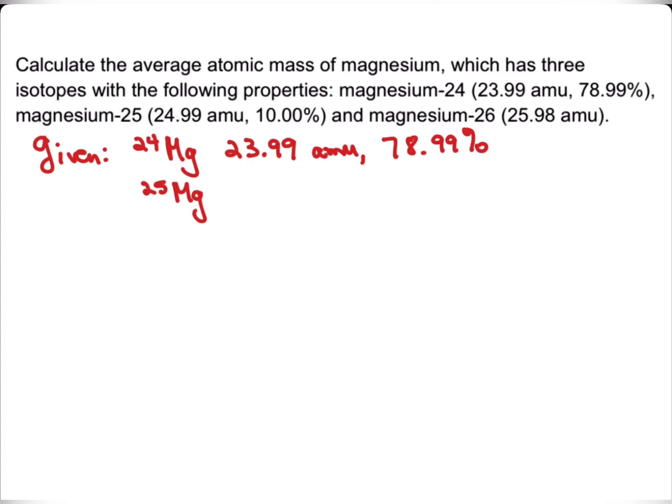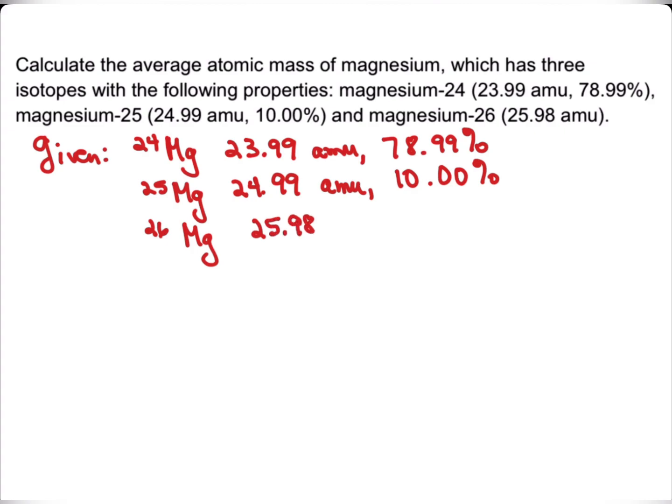Magnesium 25 is 24.99 AMU, and its percent abundance is 10.00%, and magnesium 26 is 25.98 AMU, and they don't give us the percent abundance. But that's okay. So this is our given information.